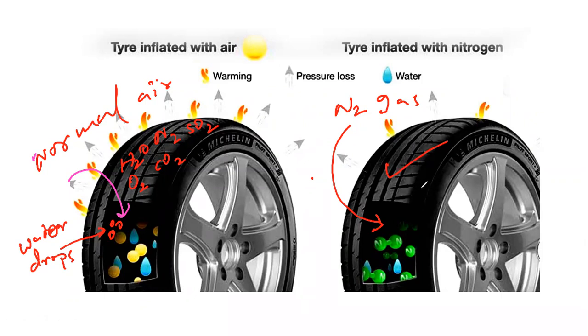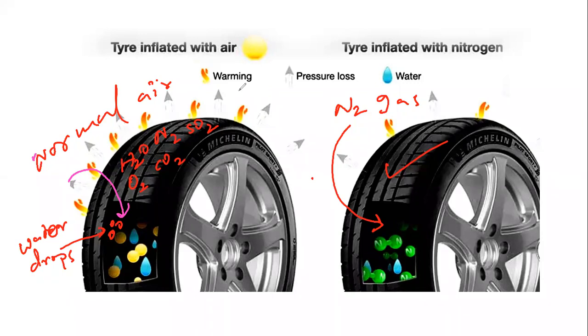You can run the vehicle for about 2 months without refilling the air. But if you pump normal air, after every 2 weeks you have to monitor the tire pressure. Otherwise, if the tire pressure is reduced, there are many disadvantages that will affect the suspension, shocks and comfort, and tires wear out irregularly, right?